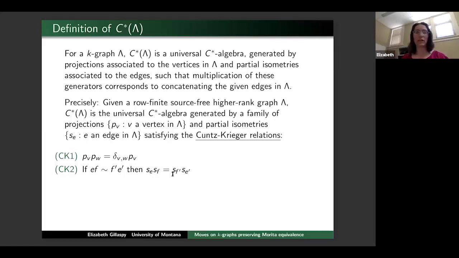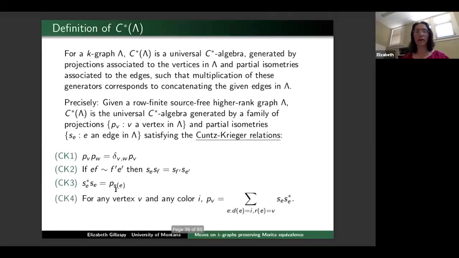So the Cuntz-Krieger relations include the factorization rule here. We require that the source projection of any edge is the projection at the source vertex of the edge. And we require that the range projection of any edge is a sub-projection of the projection at the range vertex.